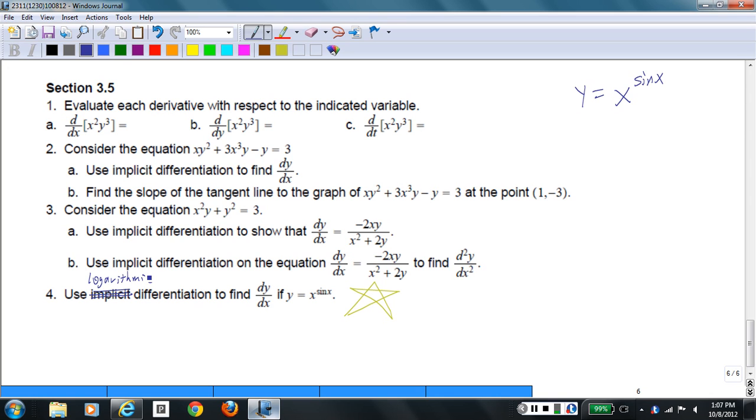That will enable us to get the sine x out of that exponent. So natural log of y equals the natural log of x to the sine x. Then we take the sine x and move that in front of the log. So the natural log of y equals sine x times the natural log of x.